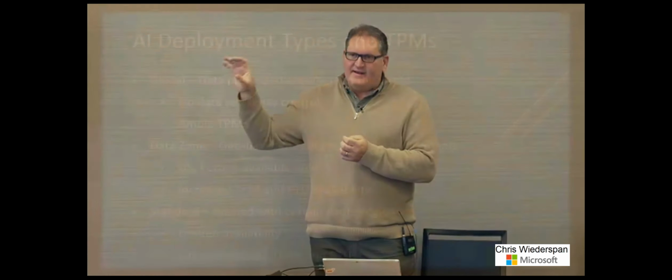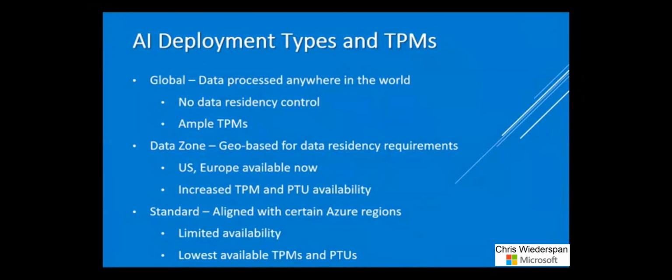The problem with that is that's where capacity is most constrained, right? That's where we on the Microsoft side have the least amount of flexibility to process your data because in that model, the standard model, we are guaranteeing that we're only processing that in that one specific region that you've deployed to or stood up that resource.